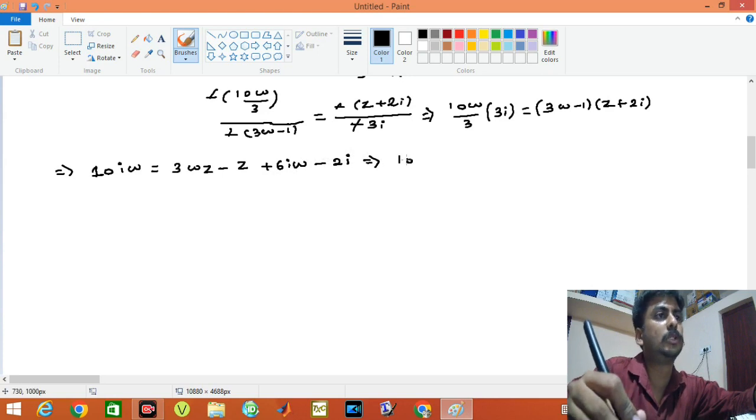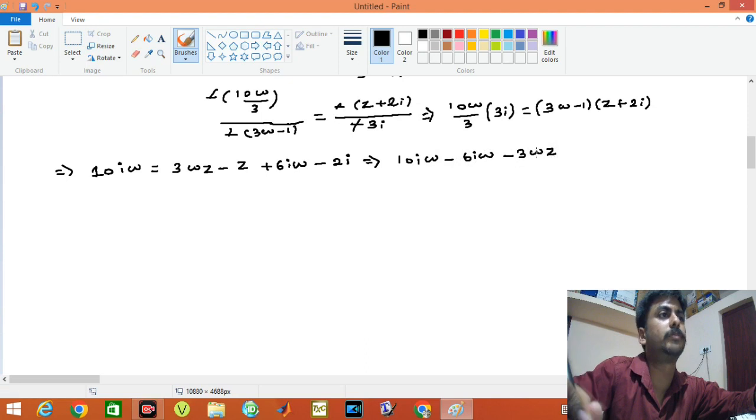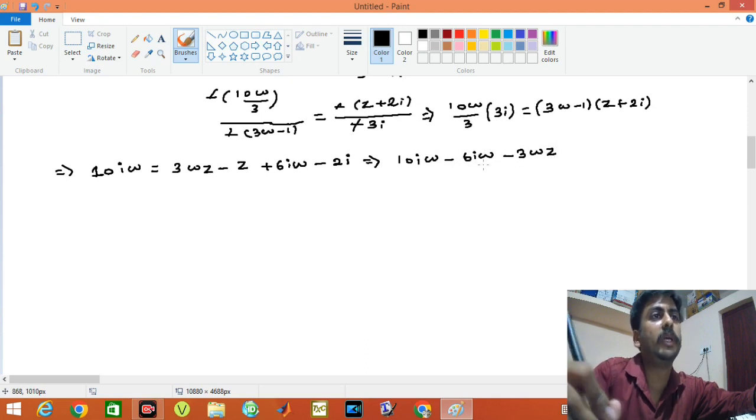So we get 10iw minus 6iw minus 3wz. These are the only terms which involve w, so we shall take the terms free from w on the other hand side. So we get minus of z plus 2i.